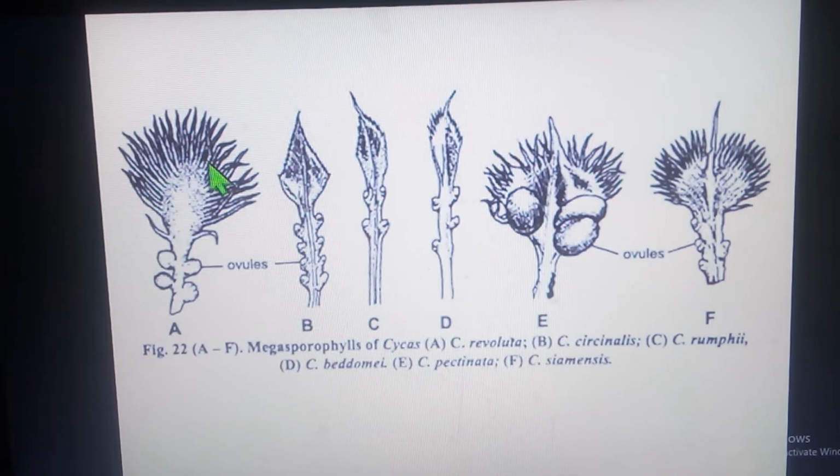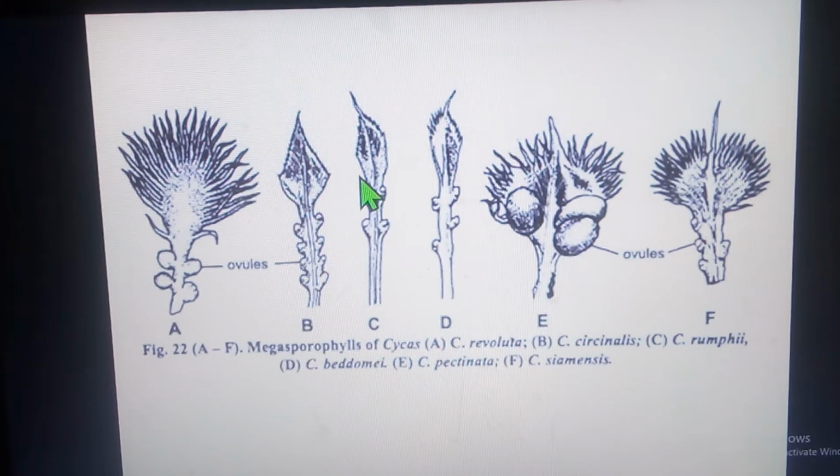Each Megasporophyll usually bears 1 to 5 pairs of big lateral ovules. You can see some ovules are small and some are very big.